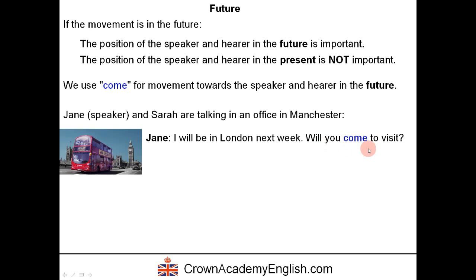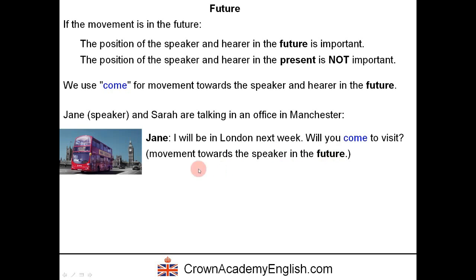We don't say, "Will you go to visit?" We say, "Will you come to visit? Will you come to London?" We don't say, "Will you go to London?" Why? Because the movement towards the speaker is in the future.